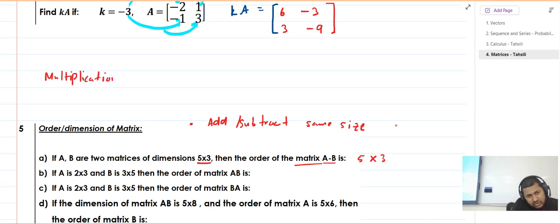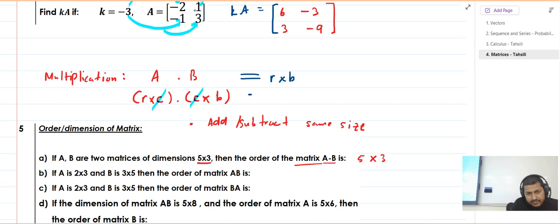If you have matrix A multiplying matrix B, and A is R by C, then B has to be C by another value, let's say B, because the inside is the same. Look at the inside dimension, C and C, that cancels out, and the resulting matrix will be R by B.